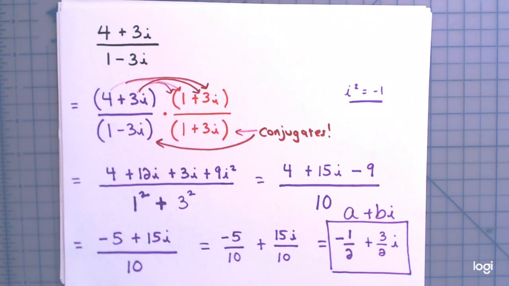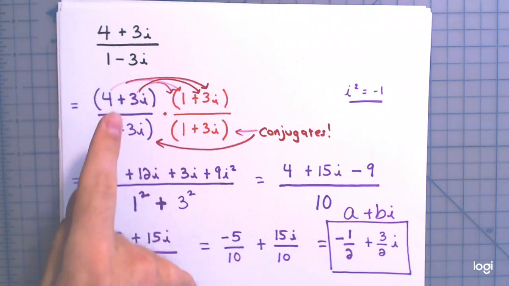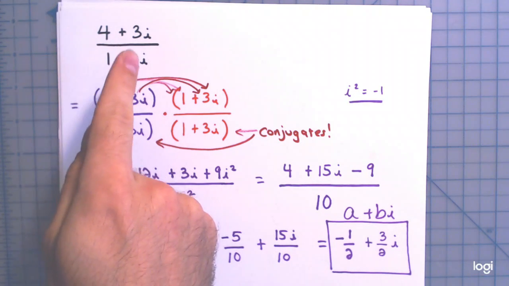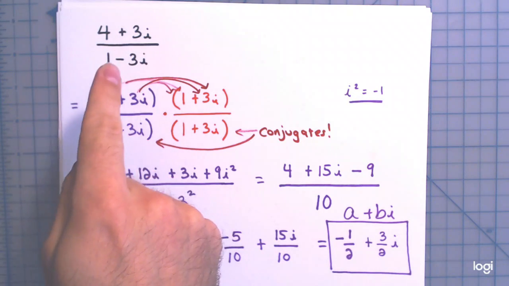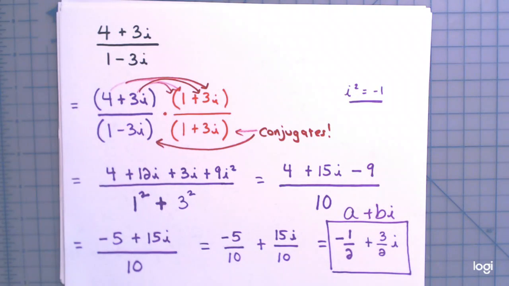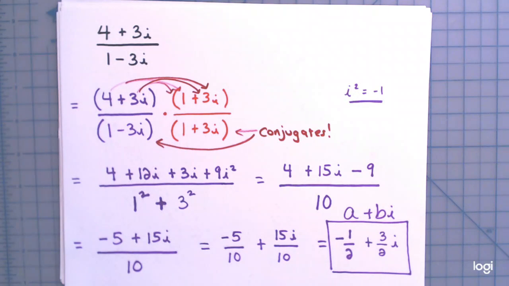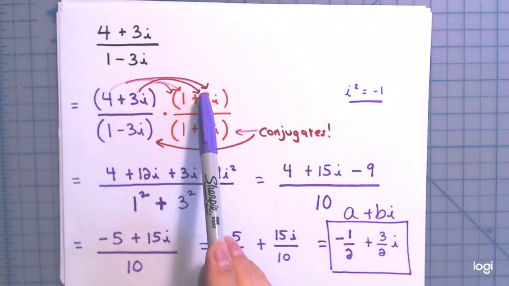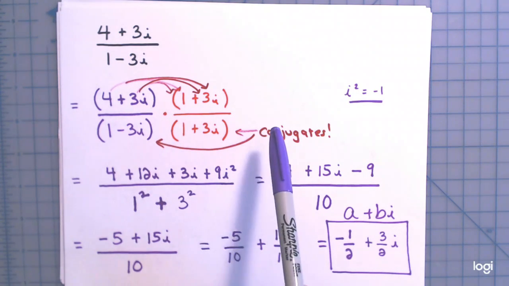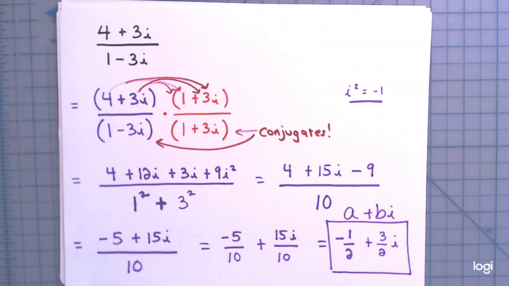Wonderful. So the key thing to take away from this video is, when you are doing division with complex numbers, or when you see, remember, fractions are division, when you see a fraction where the denominator has an i in it, you're dividing complex numbers with imaginary parts. The way to get through that is to multiply the numerator and denominator by the complex conjugate of the denominator.